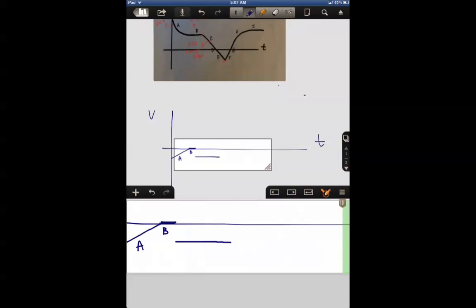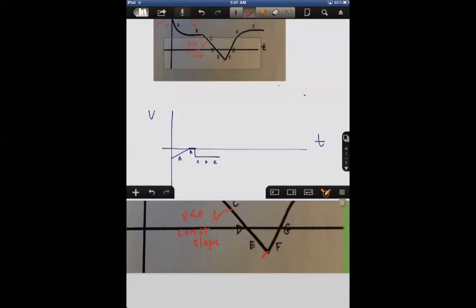So this is really B, D, or C, D, and E. I'll connect it. So all D represents, let me just write that in, is we pass 0 meters.